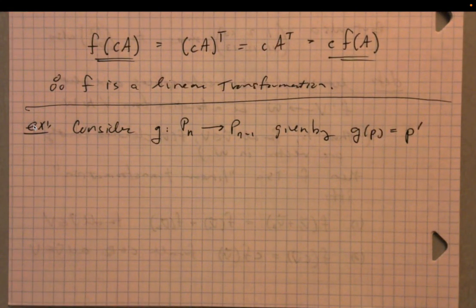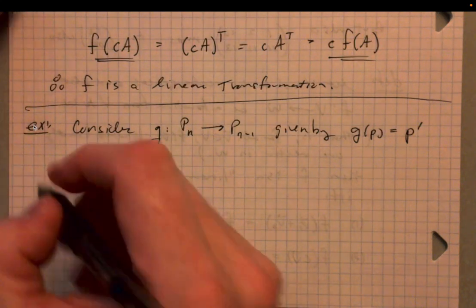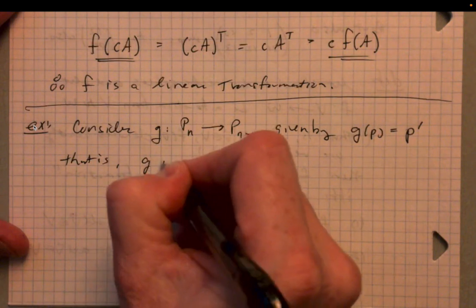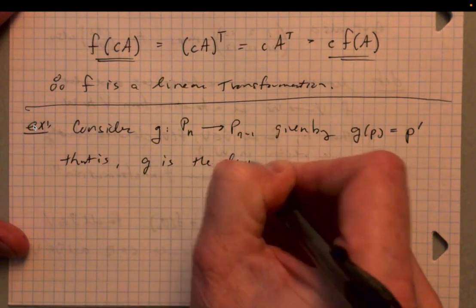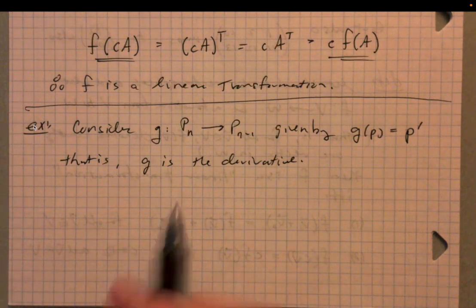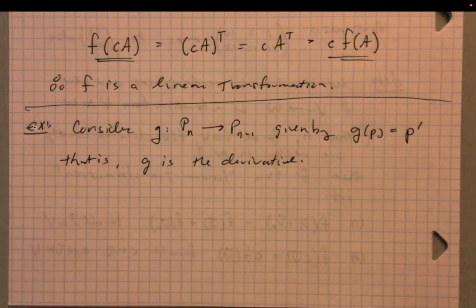Right, so i.e. that we're talking about the derivative here. That is, g is the derivative. We know that if we take the derivative of a function, right, it does indeed map to a lower polynomial space, right? Let's show that g is a linear transformation.